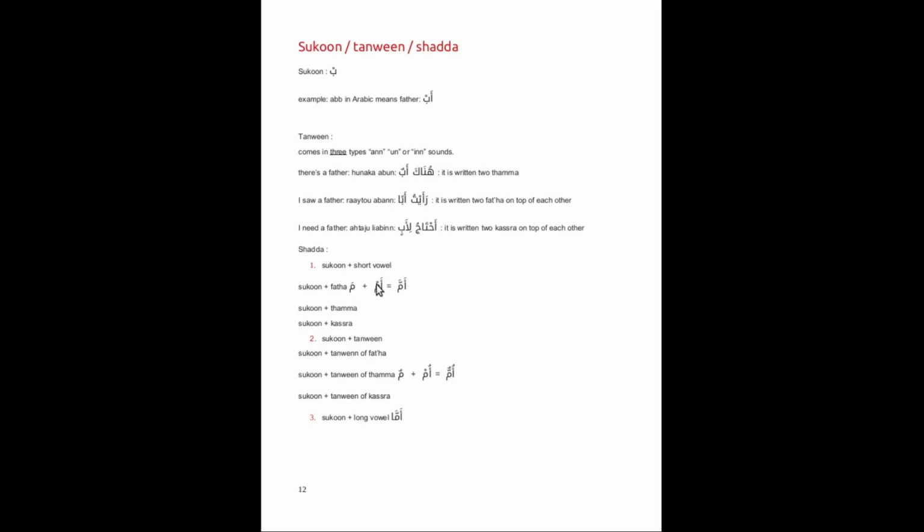You see here is a sukoon, and here is a fatha, the m sound and the a sound. So m plus ma, which is amma. And instead of writing two letters, we actually write this like upside down 3. Okay, and the same principle applies for the other ones as well.